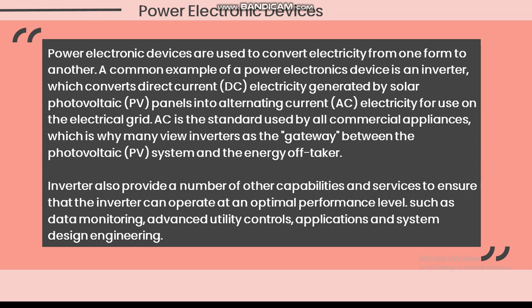Inverter also provides a number of other capabilities and services to ensure that the inverter can operate at an optimal performance level, such as data monitoring, advanced utility controls, and applications and system design engineering.